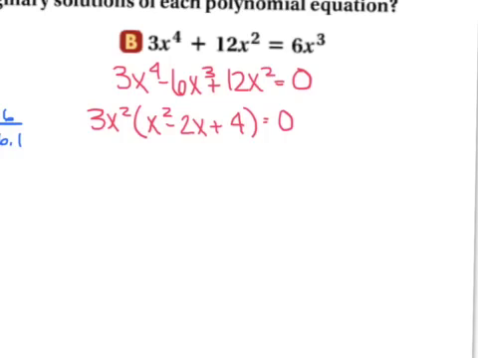So, the 3x to the second, don't worry about that right now. We factored that out. That's one of our factors.